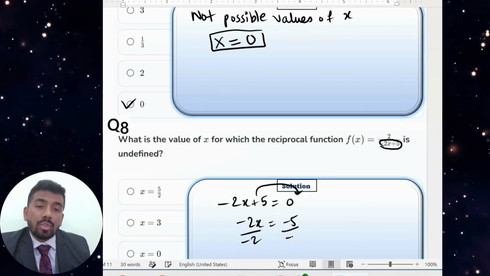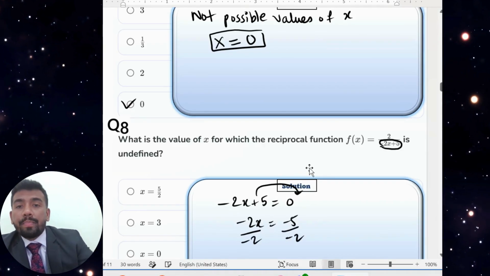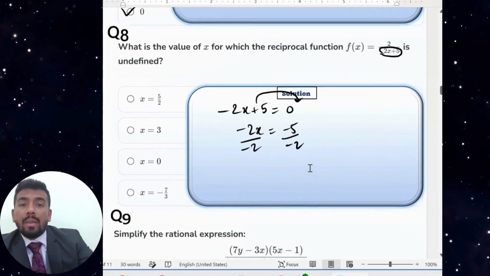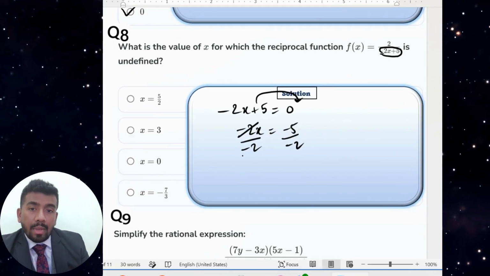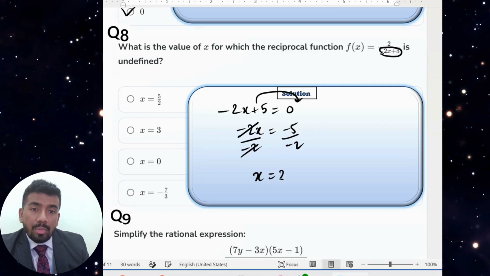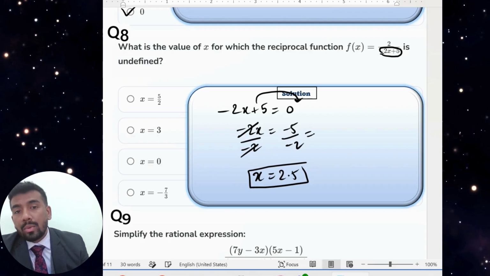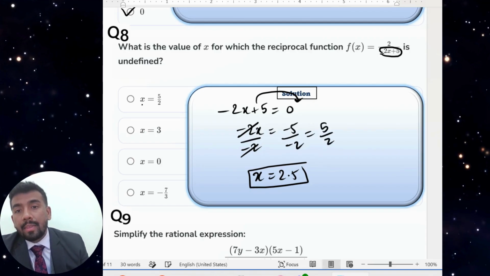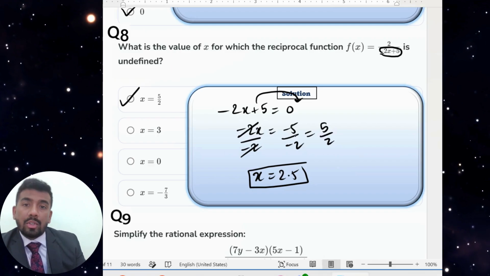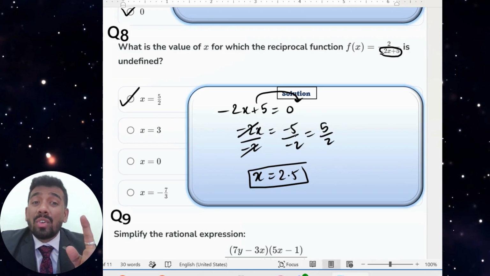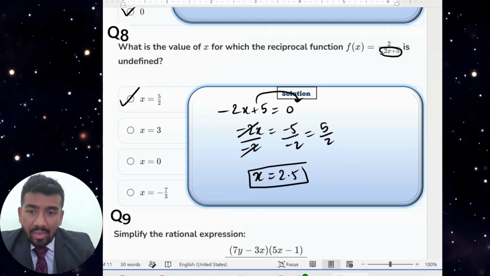Divide by minus 2. What do you get? Minus 2 cancels. x will be what? 2.5, or 5 over 2. That's fine. That's your answer. Understood? So that's the value of x for which it becomes undefined.